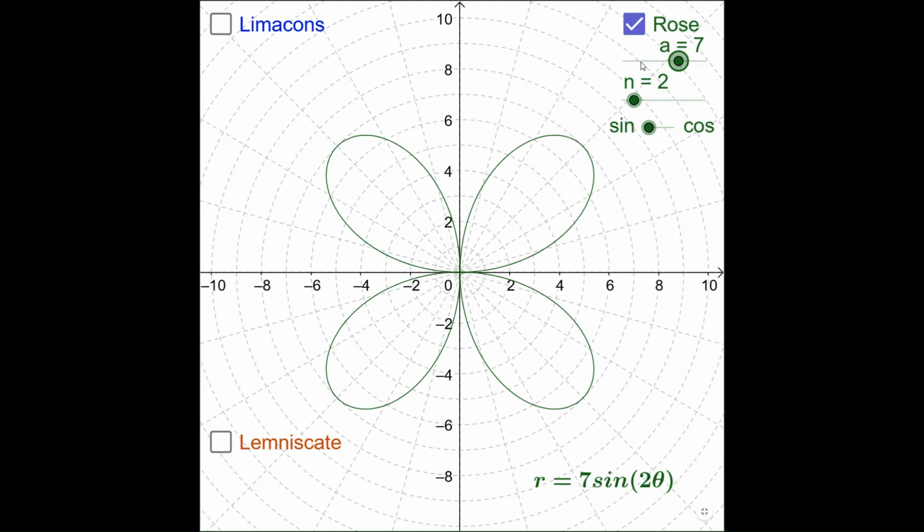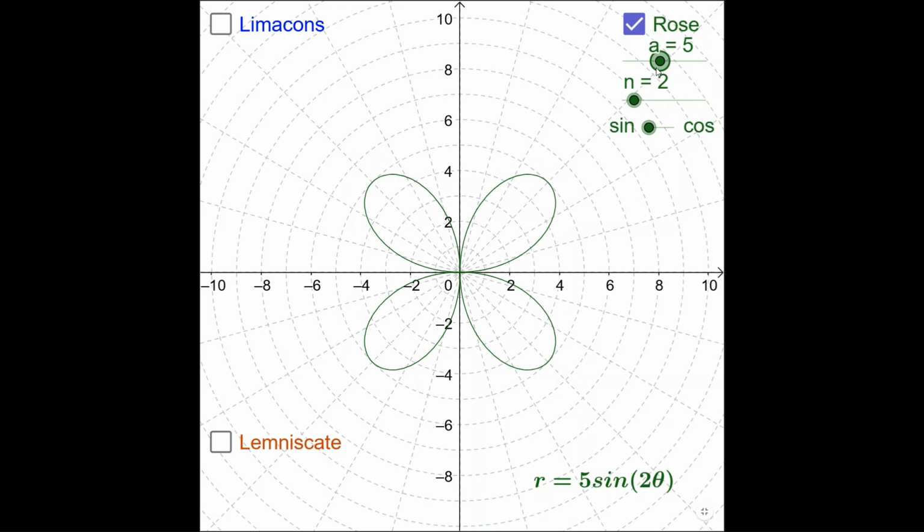Well, the only thing that's changed is the size. They all have a radius of 7. All 4 petals extend outwards to the concentric circle of radius 7. Okay, so hopefully we can see that whatever that a value is, it will represent the radius of the petals. Okay, so that's the easy part.